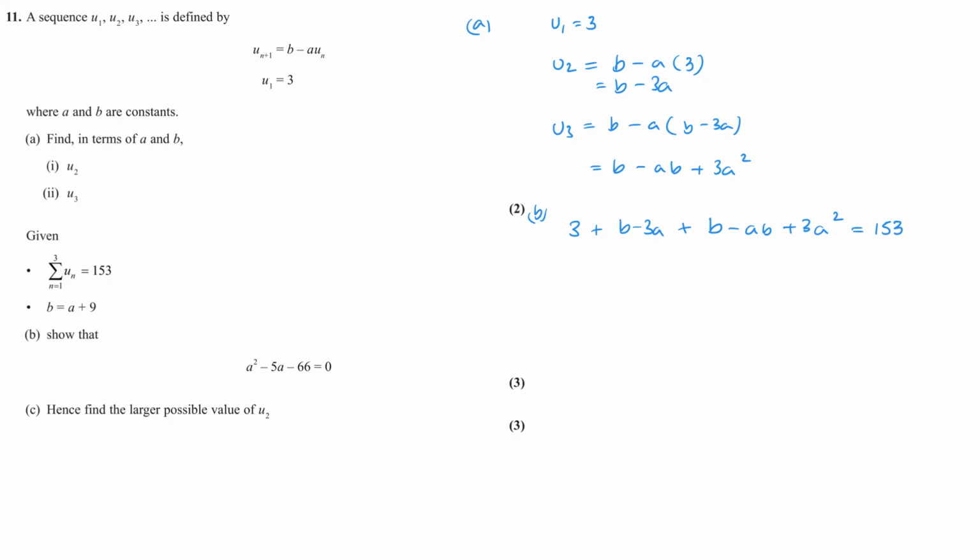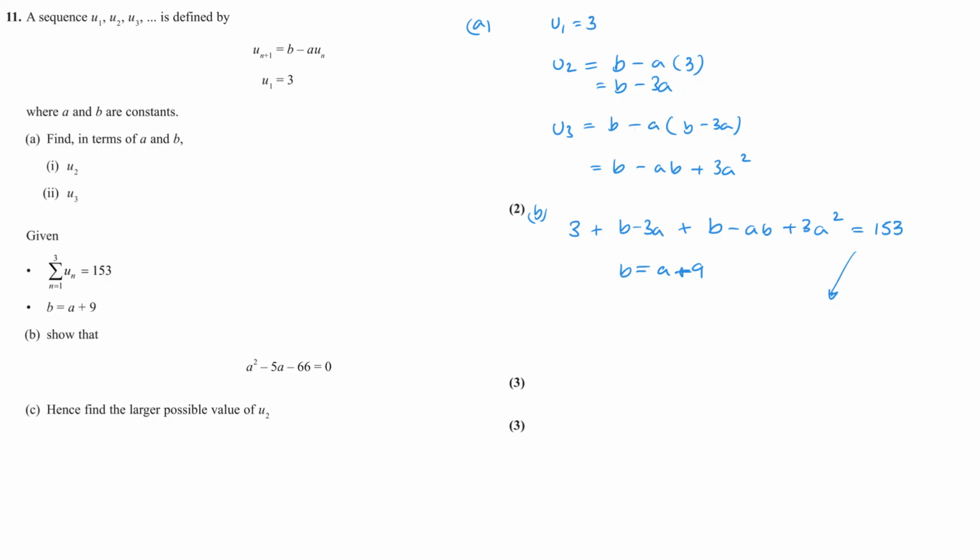And also B equals A plus 9. And we've got to show this. There's only A's in it, no B's, so we're just going to substitute this into this. But this first I will simplify.